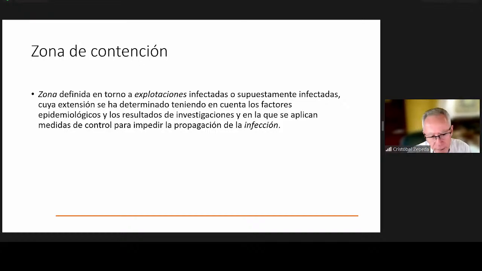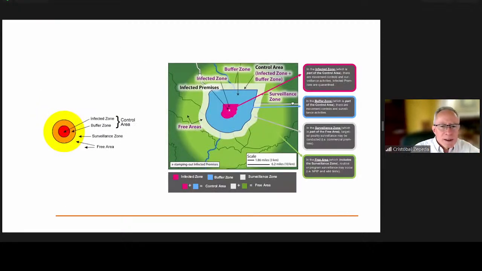So when we have an outbreak in a country, that country will be considered as infected and foreign trade will be suspended. But the country can implement these containment measures, and when the disease is under control and it's not being spread anymore, then we can reestablish trade for the remaining territory where this disease has already been controlled.